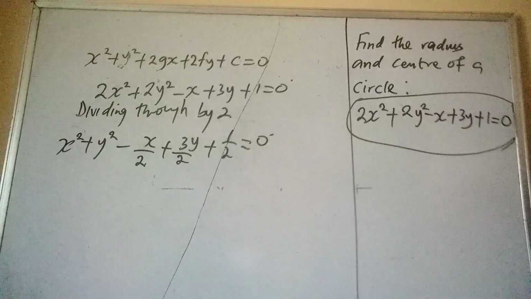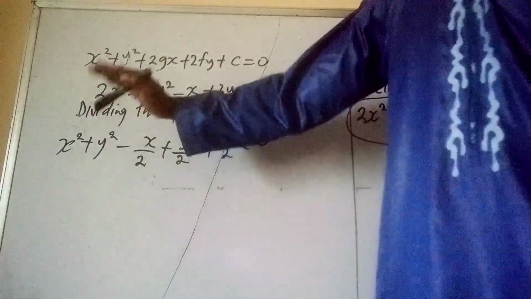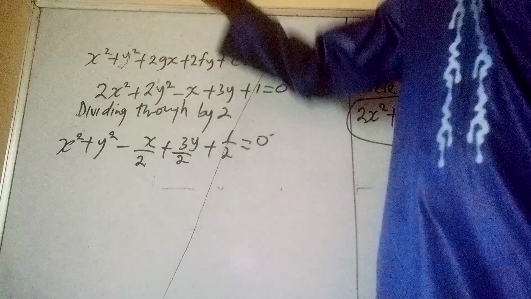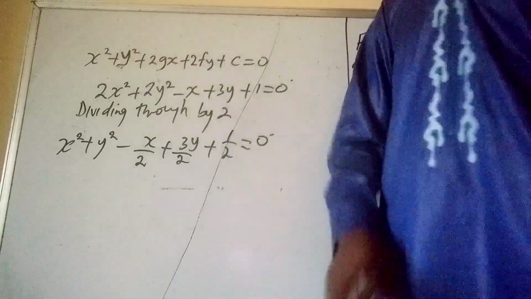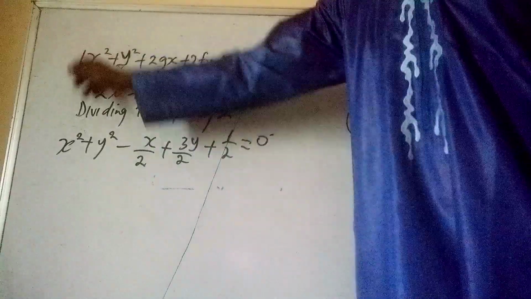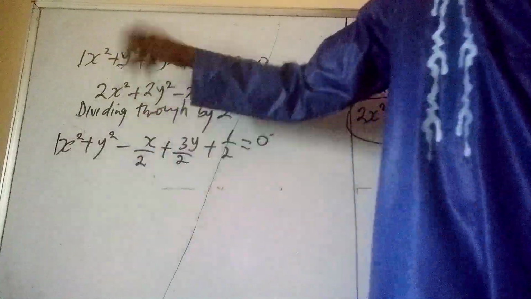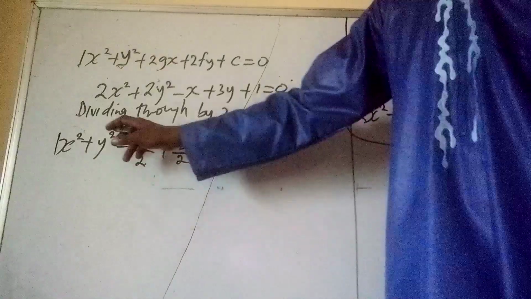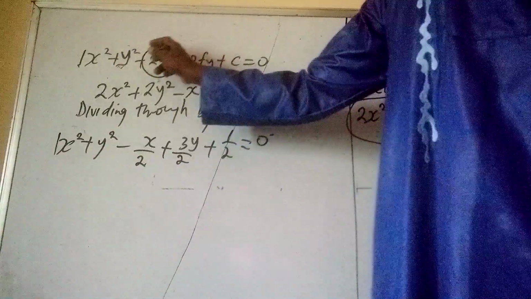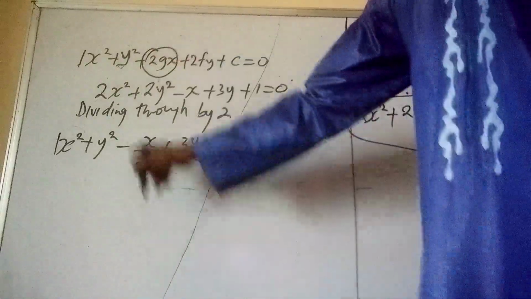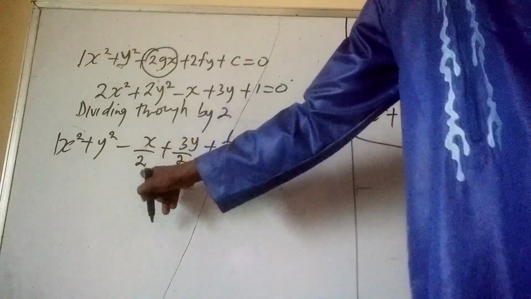The next thing we do is to compare this equation and the general equation of the circle. The coefficient of x squared is 1, and the coefficient of y squared is 1 on both sides. Now, 2gx is equal to what? Minus x over 2.